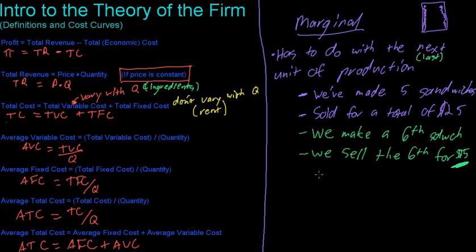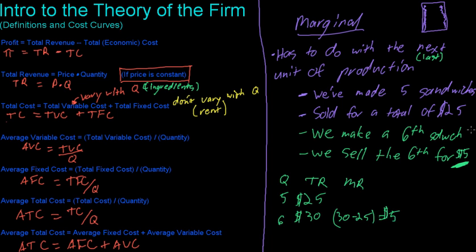So when quantity was 5, our total revenue was $25. When our quantity was 6, our total revenue was $30. And so our marginal revenue of the 6th unit of sales was 30 minus $25, which is $5.